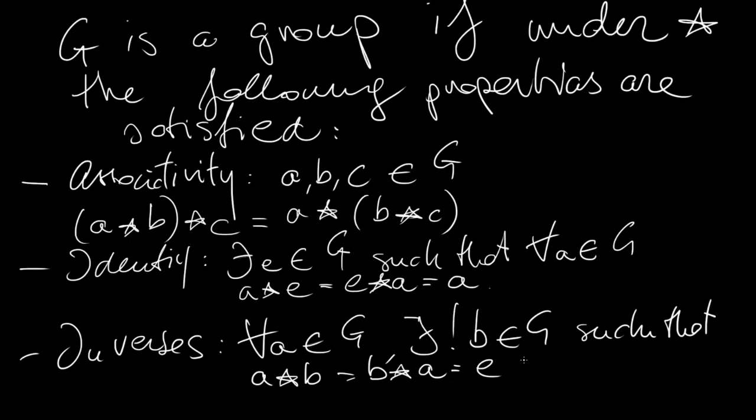In the set there is an element that works as an identity, and each element, all of them, has to have an inverse, such that the element operated with its inverse gives the identity. If there is even one element in the set that does not have an inverse, then the set is not a group.